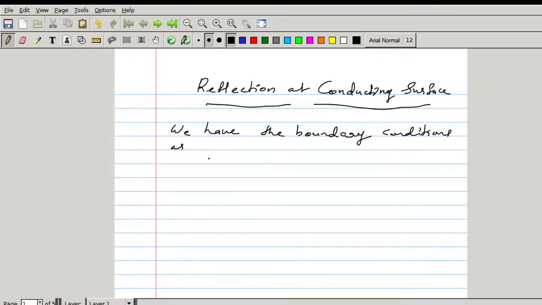For linear dielectric media, the first boundary condition is epsilon1 E1 perpendicular minus epsilon2 E2 perpendicular is equal to sigma f. The second boundary condition is E1 parallel minus E2 parallel.